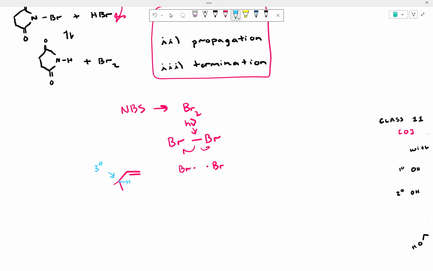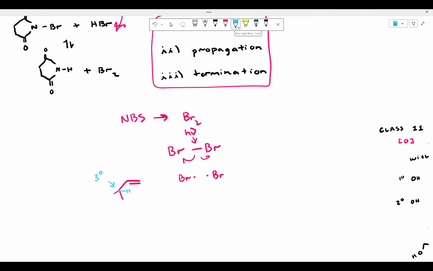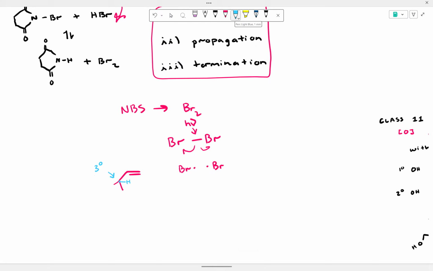What's going to happen is this radical bromine is going to contribute one electron there, and one electron from this hydrogen carbon bond is going to be contributed there. The remaining electron in this bond is going to go back to the carbon.